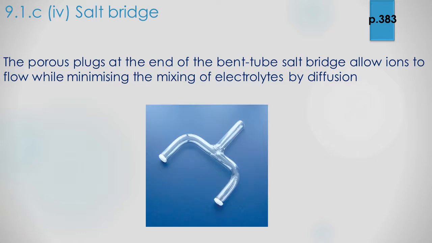So if you're using, for example, potassium nitrate, the jelly potassium nitrate will be inside the bent tube salt bridge. The electrolytes are not going to diffuse out from the salt bridge because of these porous plugs. As you can see, it's labeled here.